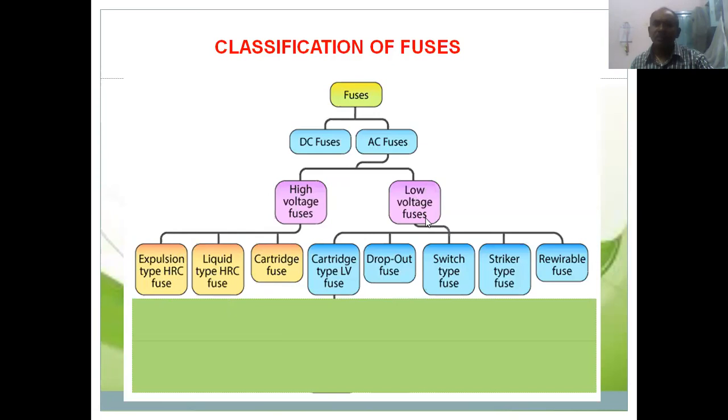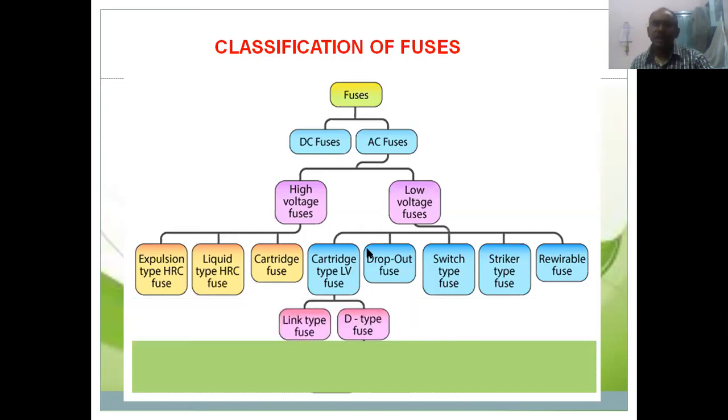These are the high voltage fuses generally used here. Whereas in low voltage fuses, the LT fuses, we can use a cartridge type LV fuse, a dropout fuse, a switch type fuse, a striker type fuse and rewirable fuses. Now, the rewirable fuse is the KitKat fuse, already we have seen.